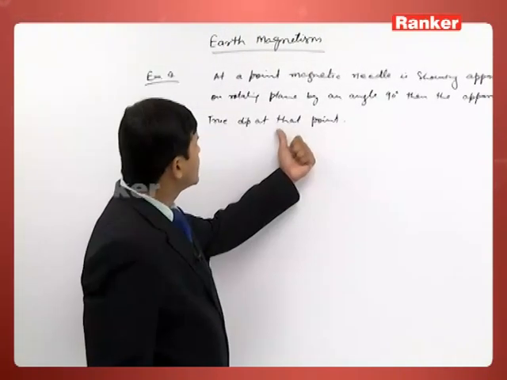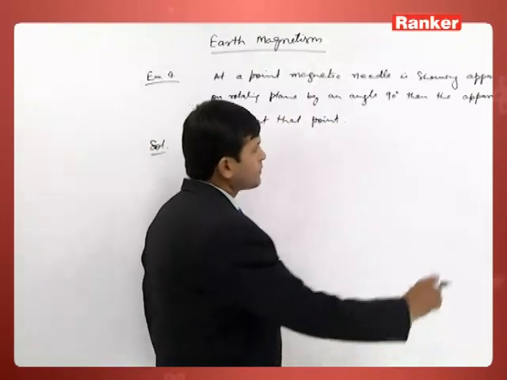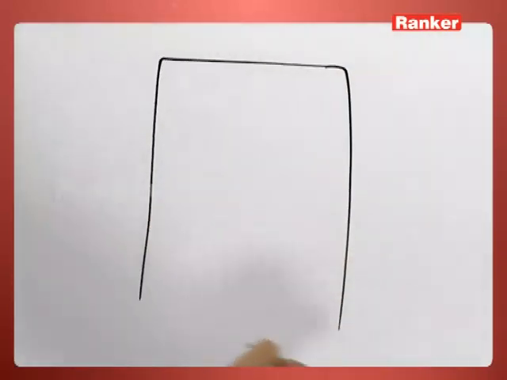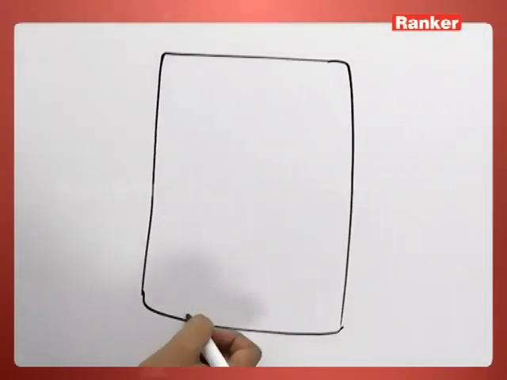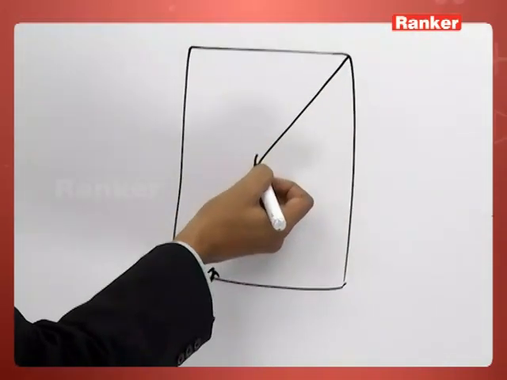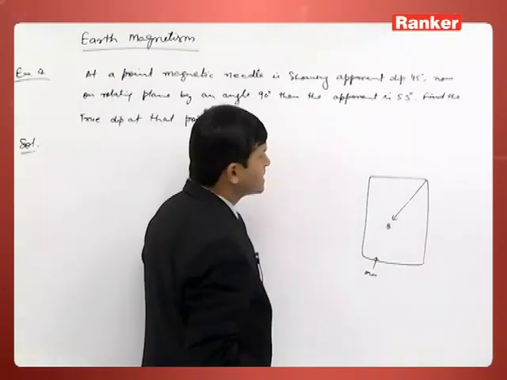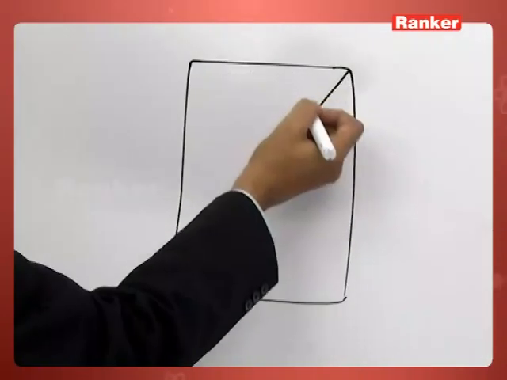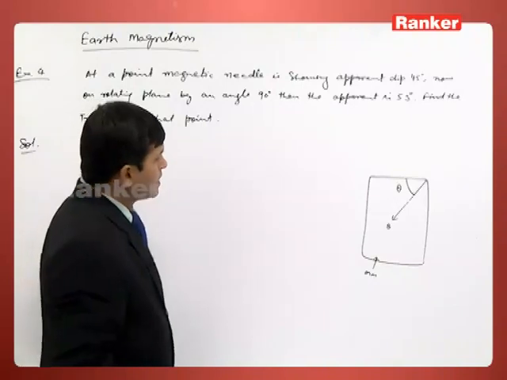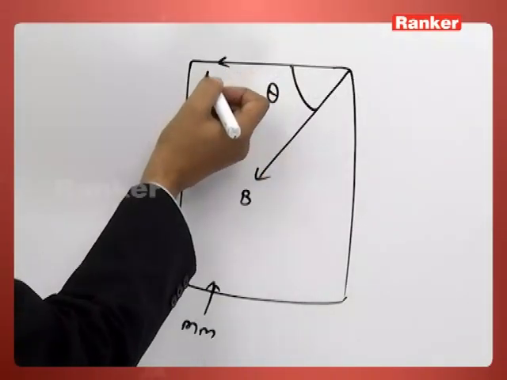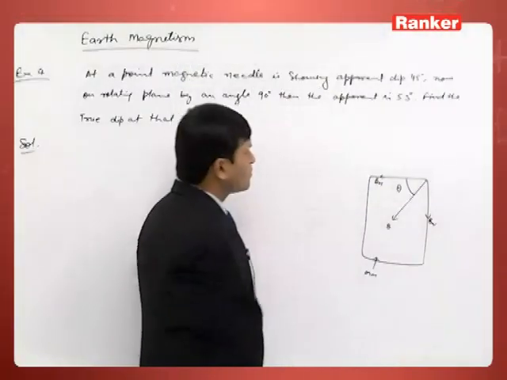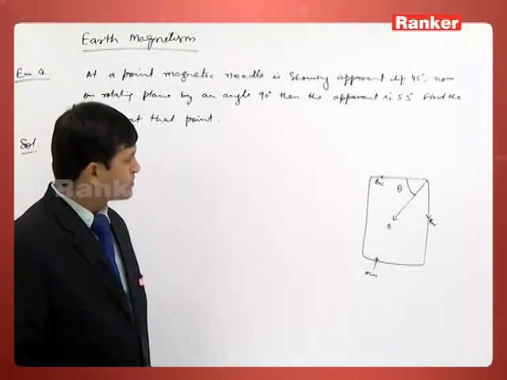So first we will see the true dip position. So for true dip, we must have a magnetic meridian. So this is the magnetic meridian. And if I am talking about the true dip, the actual earth field is in this direction, and this true dip is your angle theta. Okay. And here this is your BH and this is your BV, the vertical component of earth field.